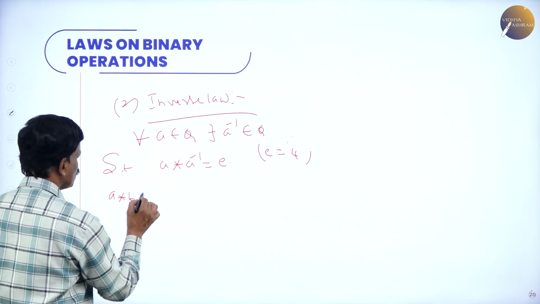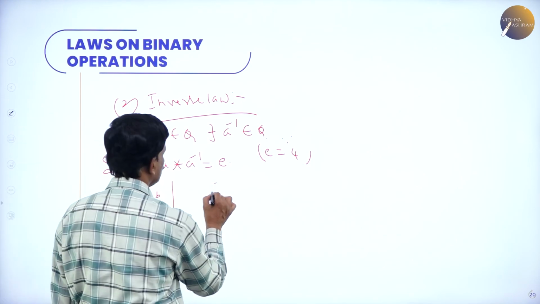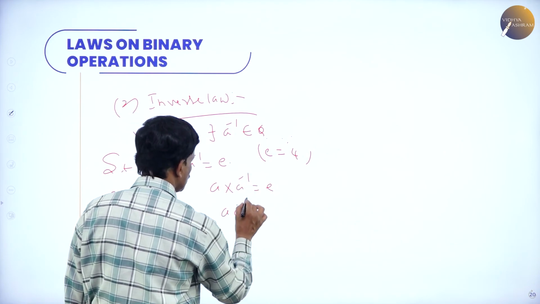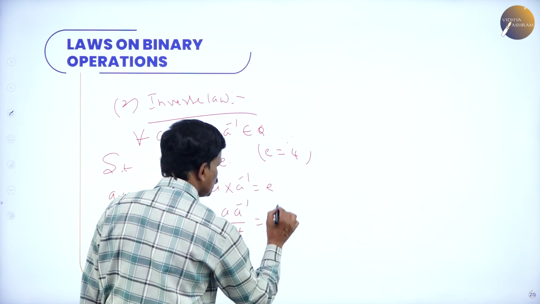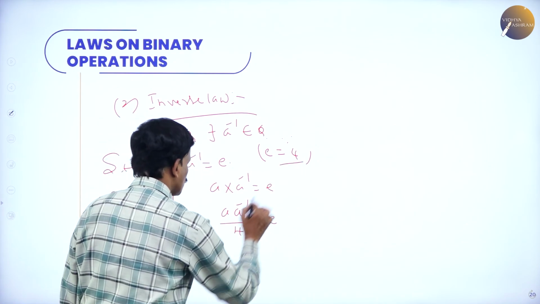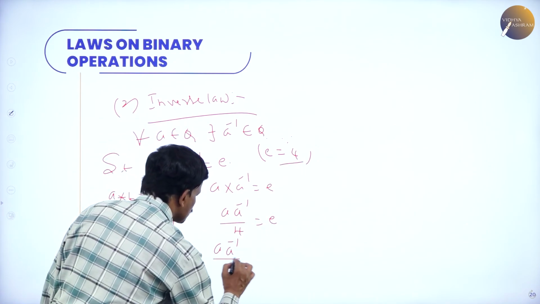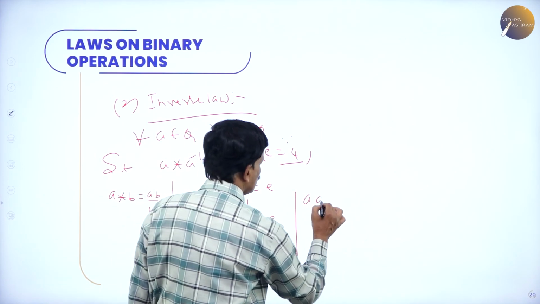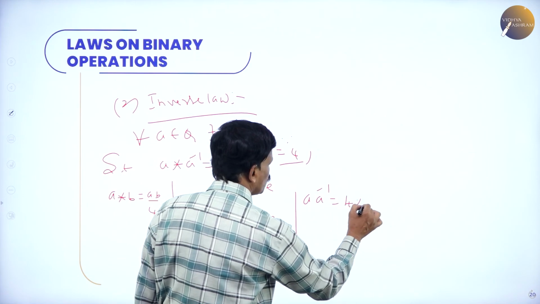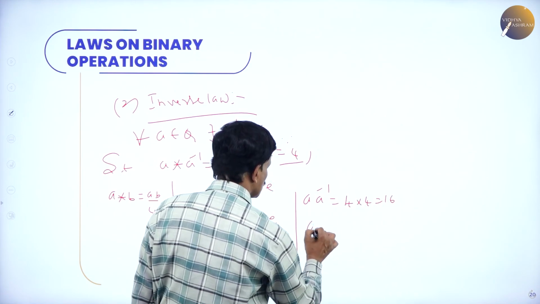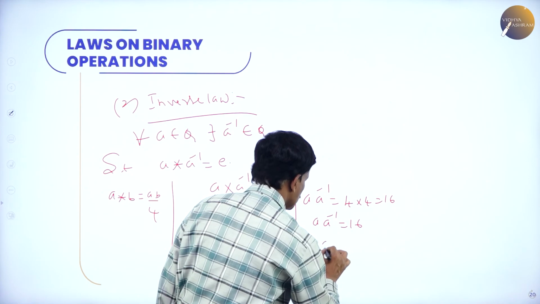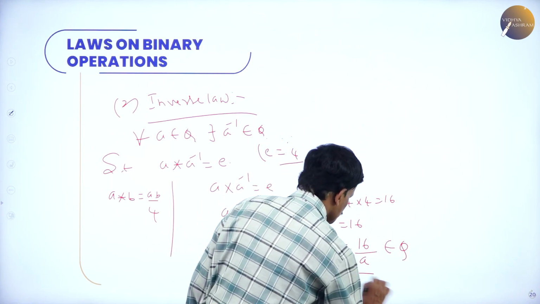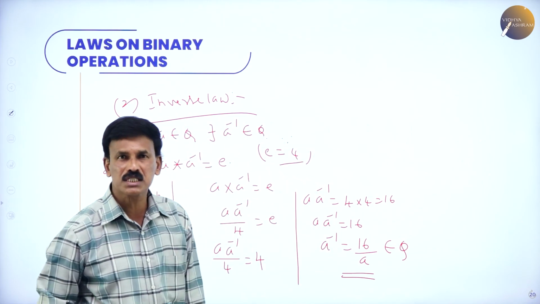Since A star B is equal to AB by 4, A star A inverse is equal to E can be written as A A inverse by 4 is equal to E. Now, what is E? E is equal to 4, so A A inverse by 4 is equal to 4. Simplify this. A A inverse is equal to 4 into 4, that's equal to 16. So, therefore, A inverse is equal to 16 by A, A belongs to Q.